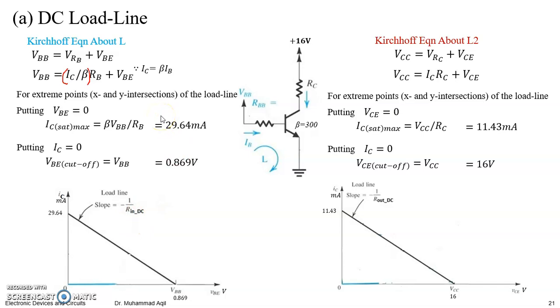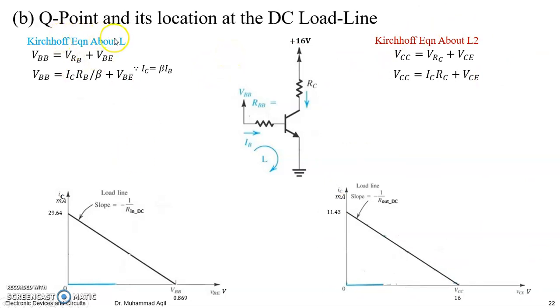Okay. So far we have drawn the DC load lines for the input side and for the output. If you are asked to draw the DC load line only for the output loop, this much work is enough, right? So let's go ahead to find the Q point, and we have to locate it on the DC load line. We have to draw it on the load line we have already drawn.